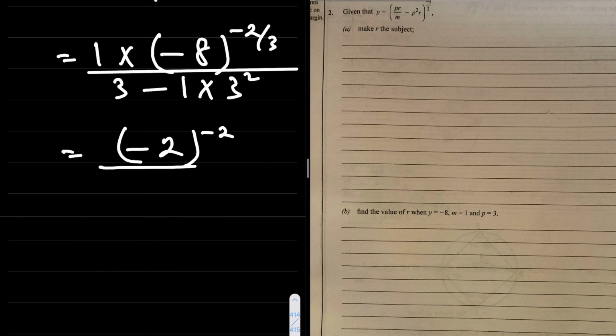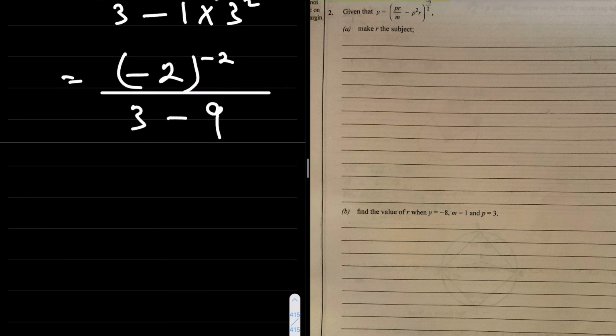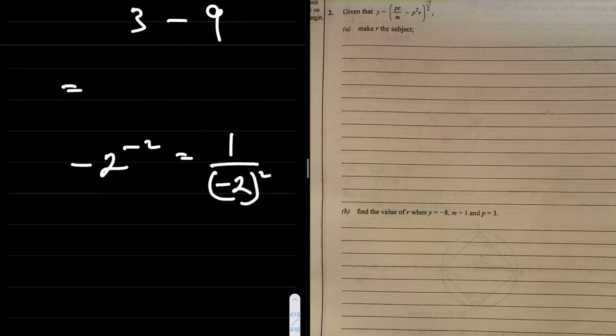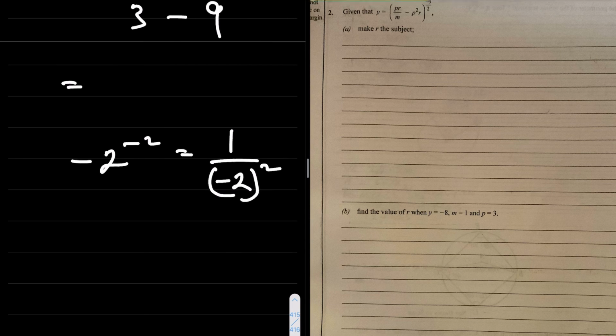Minus 2 raised to the power minus 2 all over 3 minus 9. Minus 2 raised to the power minus 2 is the same as 1 all over the square of minus 2, which simply means 1 all over 4.